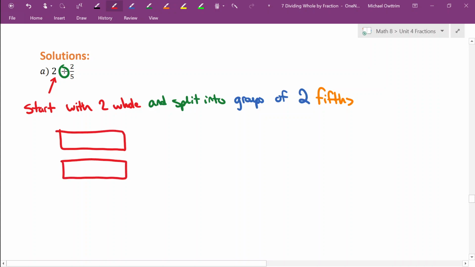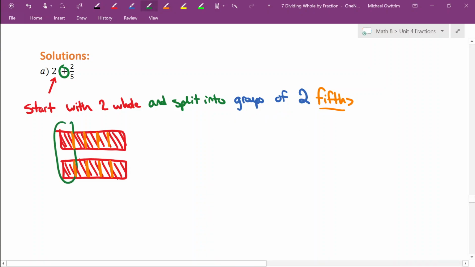There's two whole rectangles, and of course we have all of these two, so we'll lightly shade in the entirety of those. We need to break these up into fifths, so 5 sections each. And adding 4 dividing lines makes 5 sections each. And then anytime we have 2 of these, we can call that one group.